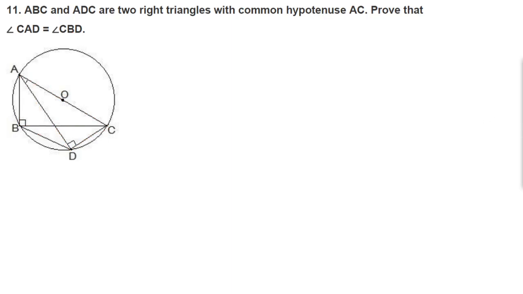Okay. Now we have a theorem. If a line segment, here line segment AC, is subtending equal angles at two different points on the same side, that means angle ABC and angle ADC, which are equal. You just write here angle ABC is equal to angle ADC.